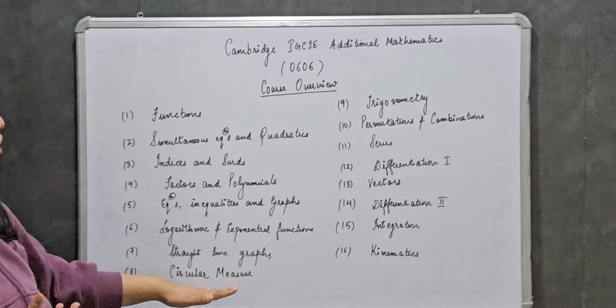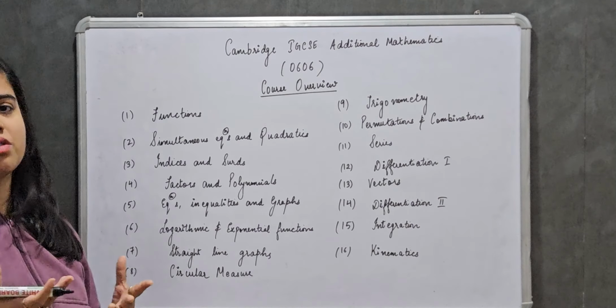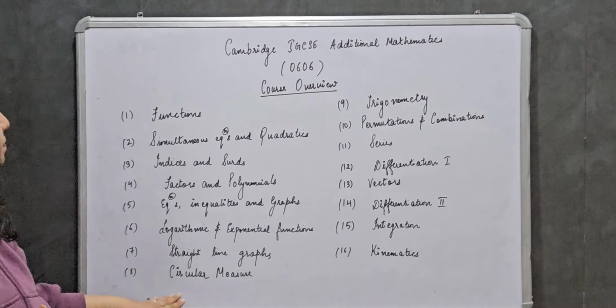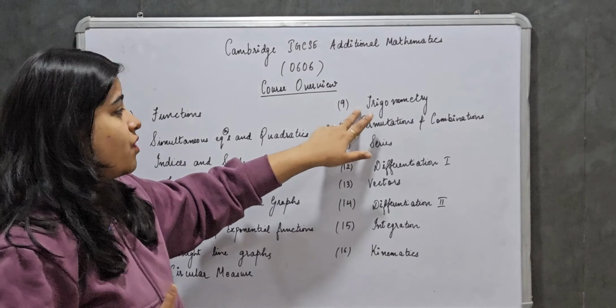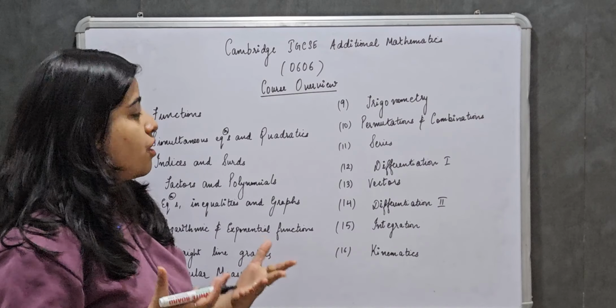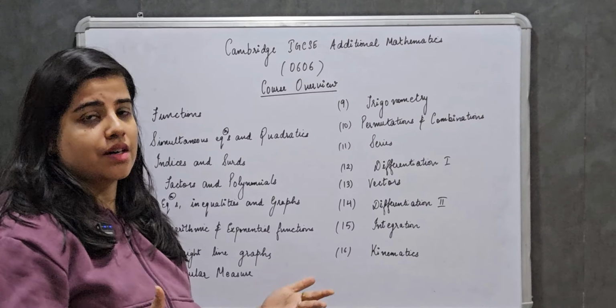Our next topic is circular measures. Circular measures means that we learn about circles, sectors, arcs, and everything. Our next topic, which is a very important one, is trigonometry. We learn about sine theta, cos theta, tan theta, what they are.